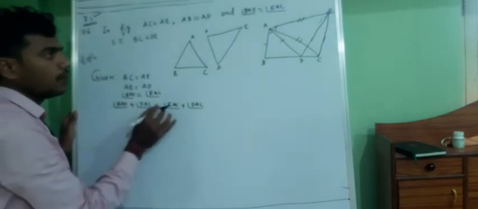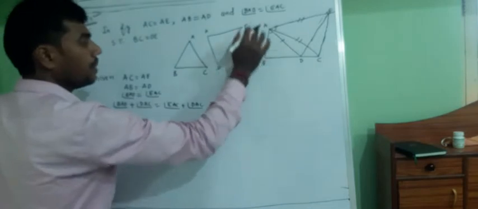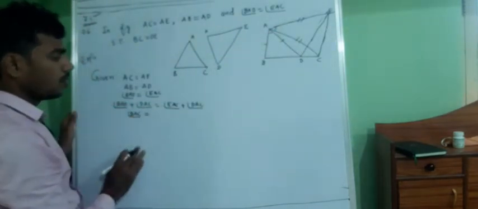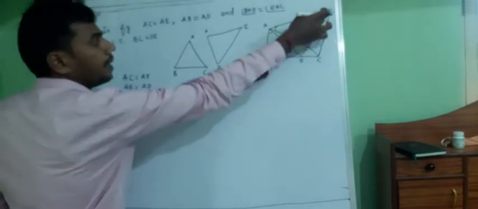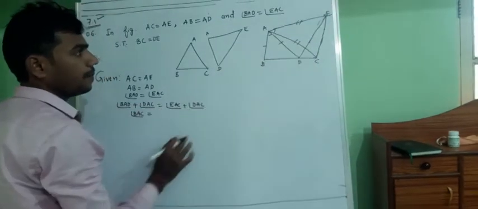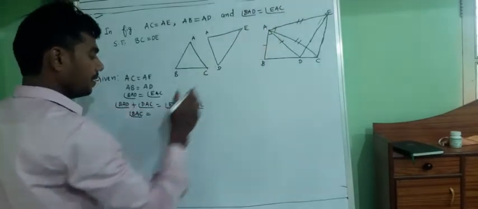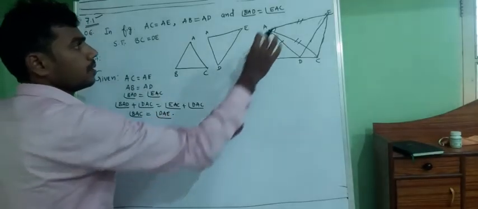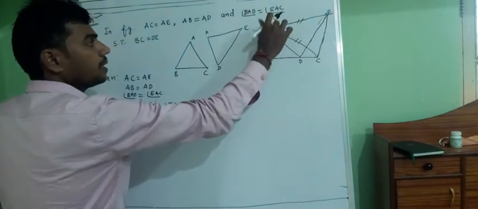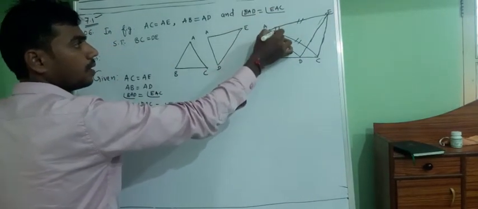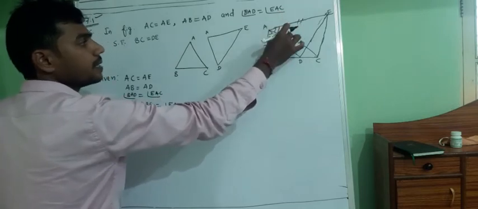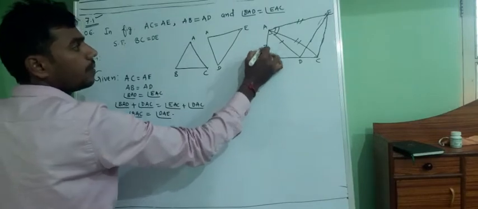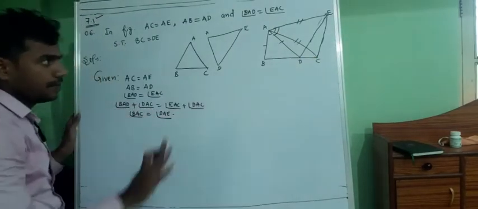BAD plus DAC will give me BAC, is equal to EAC plus DAC, which will give me DAE. This angle plus this angle put together, this whole angle, that will be equal to BAC. Same thing I have written.